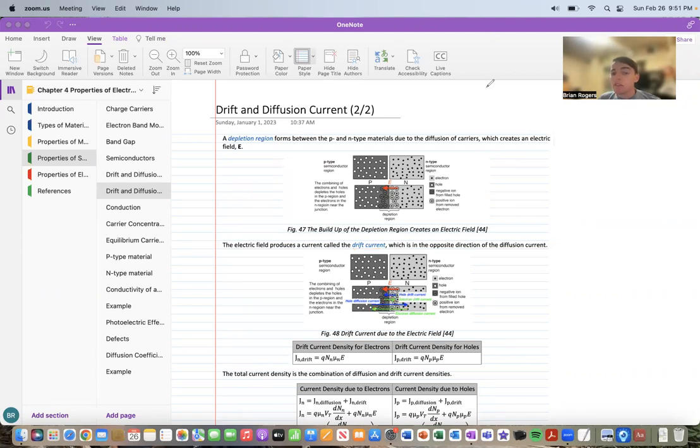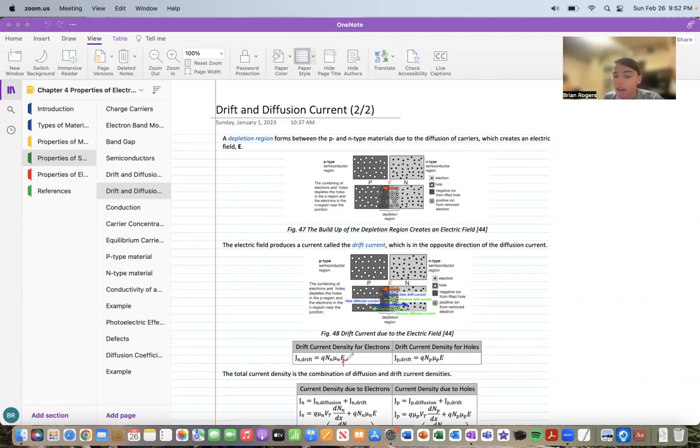And that drift current is due to that electric field, so it's going to be in the opposite direction. And that drift current is going to drift those carriers back over to the side they originally came from. So those electrons will be drifted over to the n-type layer, and those holes will be drifted back over to the p-type layer. And so what we're going to see is that the drift current is due to the electric field.